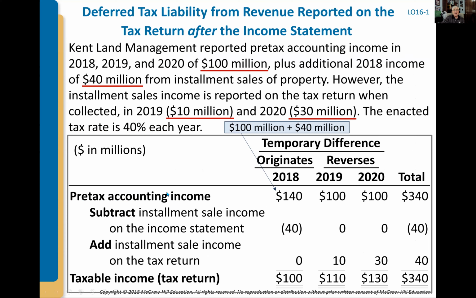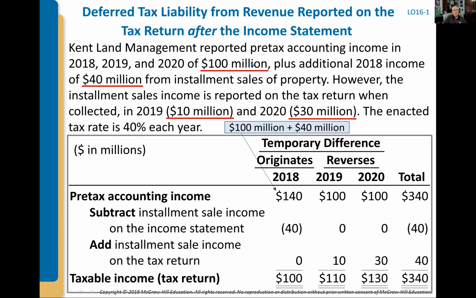Okay, like my example, here this company reported taxable income of 100 million. And there's a lot of stuff that's the same. So keep in mind, the 100 million of taxable income on the tax return is the same as 100 of this 140. A lot of the rules are the same, there are just some little pieces that are different.